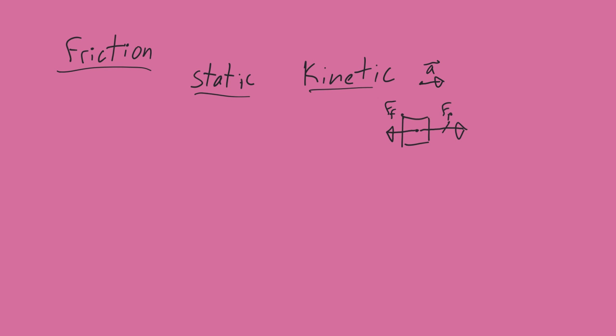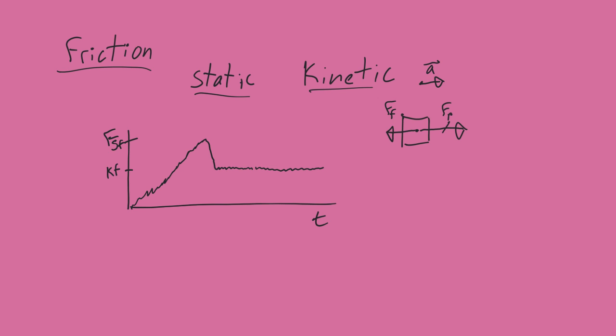Now, static friction can be called broken, and then we get kinetic friction. If we were to look at a graph of force and time, we would see that the force sensor reading increases until we hit our static friction maximum and then drops down to the force of kinetic friction.